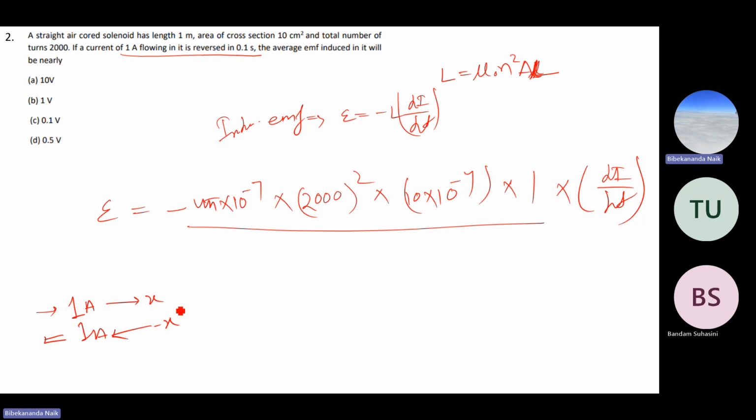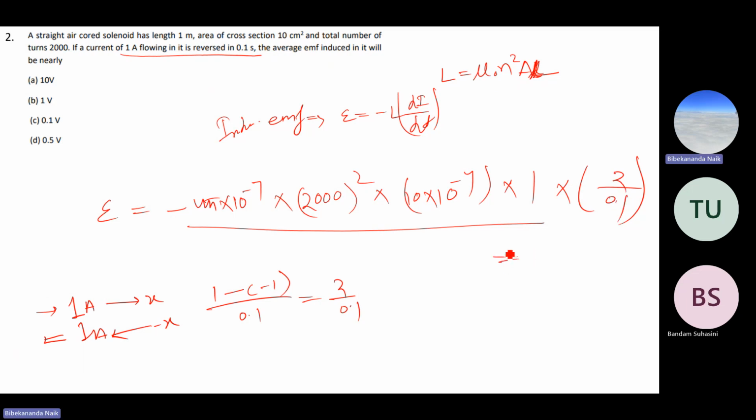So the change in current will be initial minus final, 1 minus minus 1, divided by 0.1. So it will be 2 by 0.1. So in place of di by dt, we can write 2 divided by 0.1.